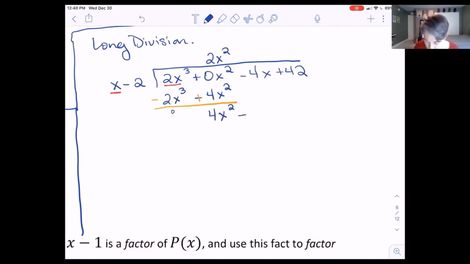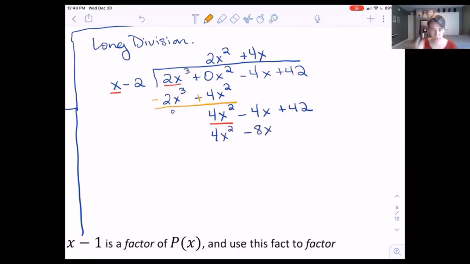We bring down our other terms, negative 4x and plus 42, and we look at our first terms again. x times what will give us exactly a 4x squared? We're missing a 4x, so I'm going to write a positive 4x in my x column. When we distribute, we get 4x squared minus an 8x.